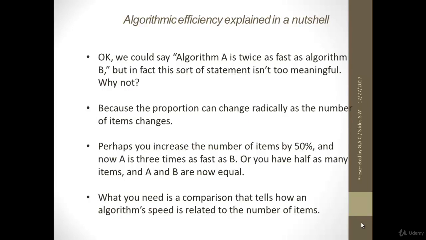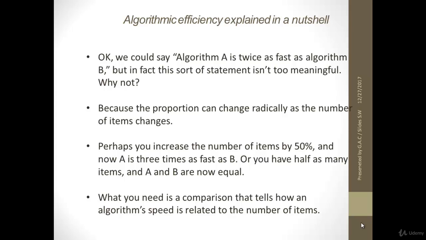Next, we discussed algorithmic efficiency in a nutshell. If we say algorithm A is twice as fast as algorithm B, we understood that such a statement is not that meaningful. Why not? The proportion can change radically as the number of items changes.